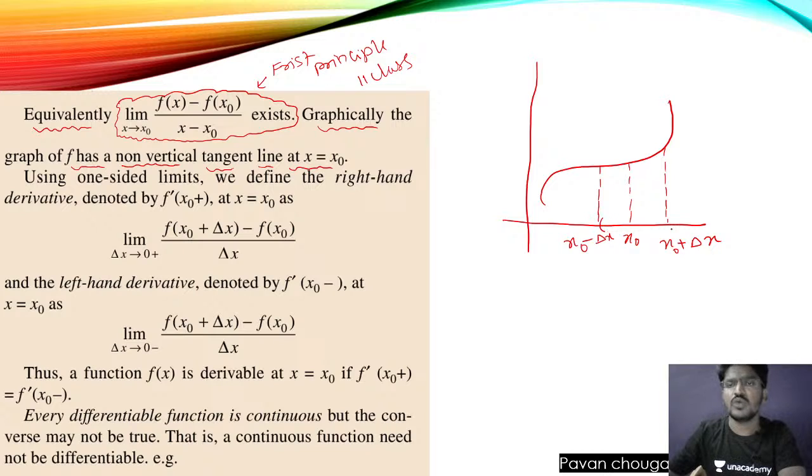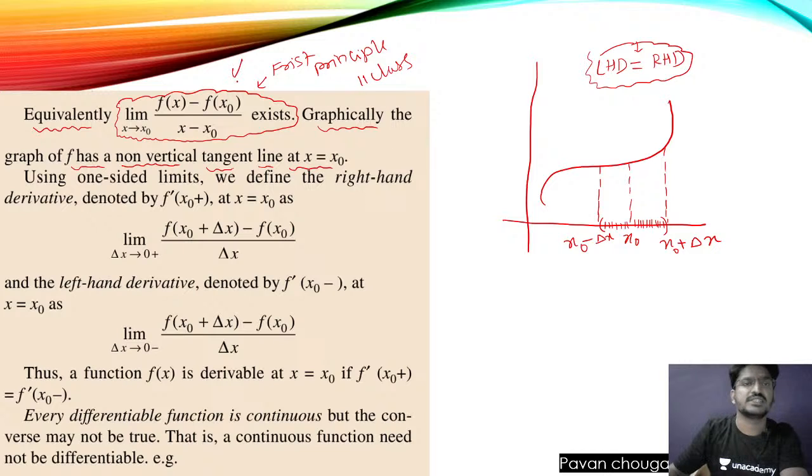So here you are going to find the limits for your differentiable function. Clear? So if both left hand derivative and right hand derivative are equal, then we say our function is differentiable, or we say the limit exists. Here the given limit exists.